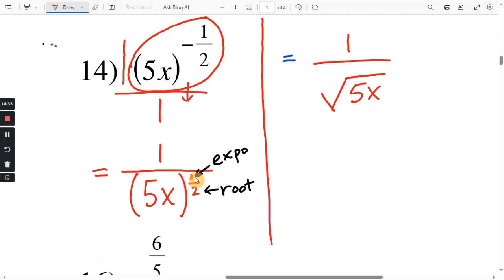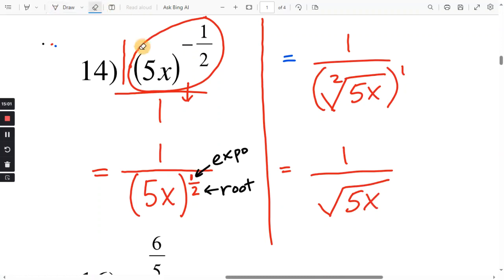All right, the root is 2, and the exponent is 1, so this is raised to the 1st power. All right, now we said second root, you don't need the 2, it's just square root, and 1st power, you don't need that either. So it's going to be 1 over radical 5x.